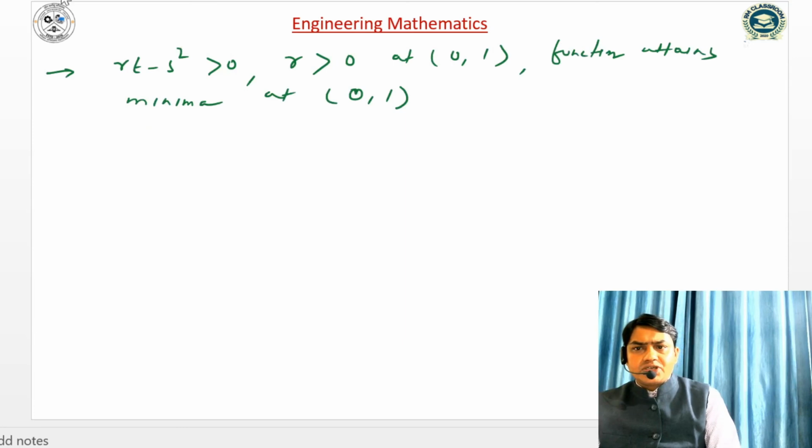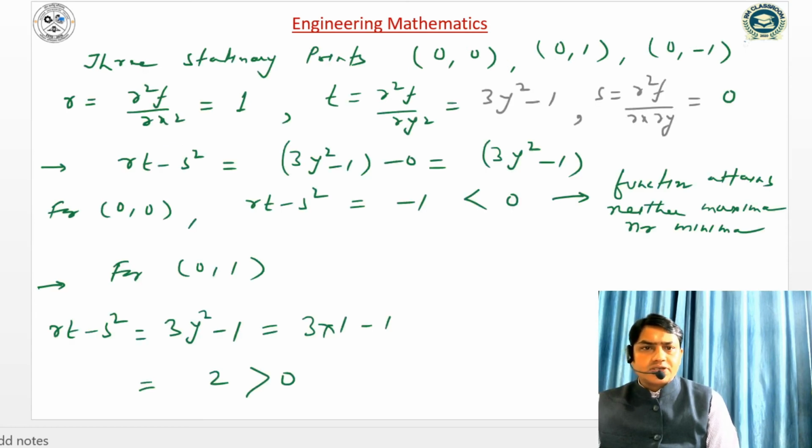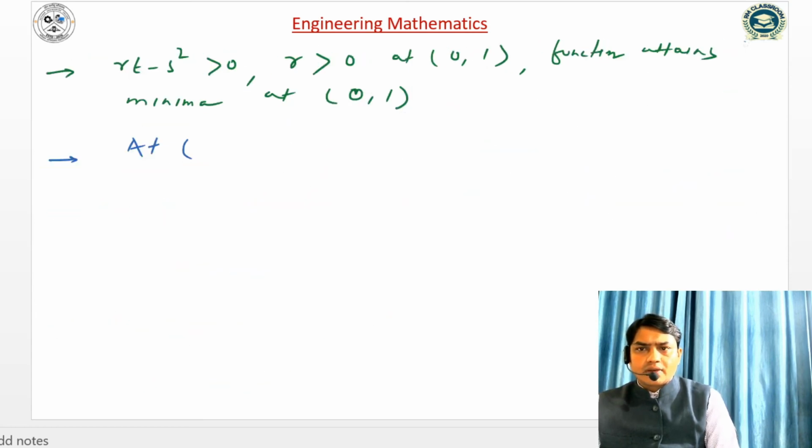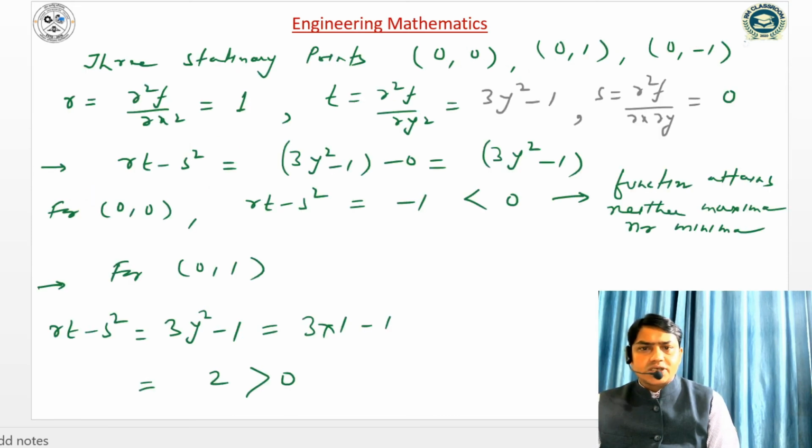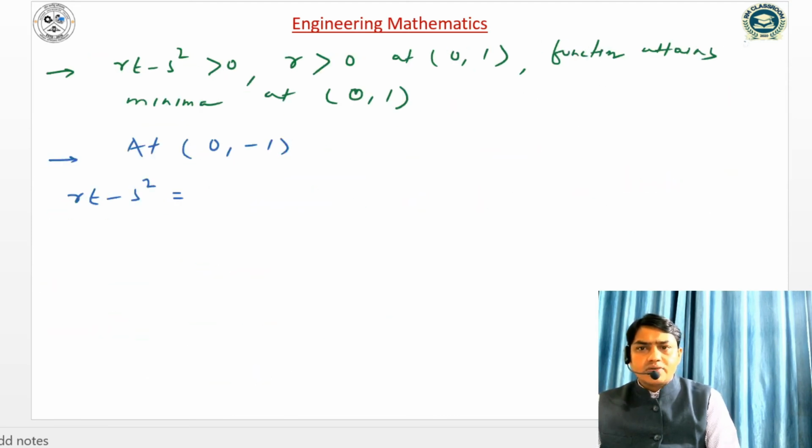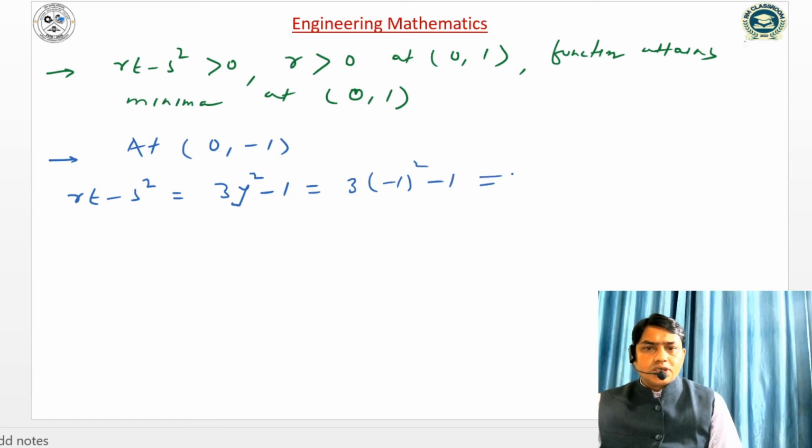Now the third stationary point is 0 minus 1. At 0 minus 1, firstly we have to check the value of rt minus s square, that is 3y square minus 1, which means 3 into minus 1 whole square minus 1. So it is 2. Once again it is greater than 0.